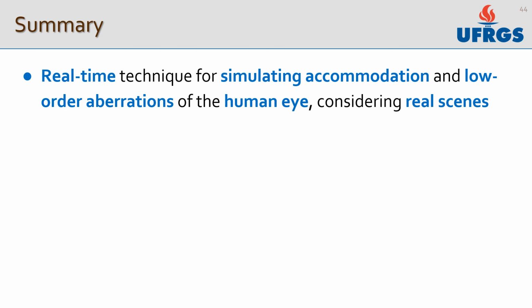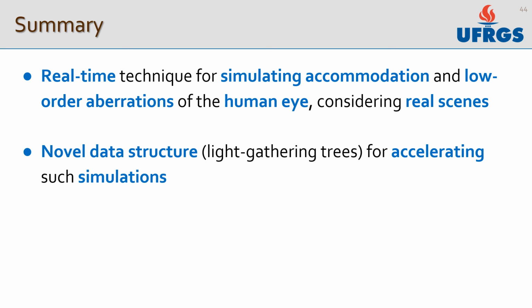In summary, I presented a real-time technique that can be used to simulate accommodation and low-order aberrations of the human eye, considering real scenes as opposed to synthetic ones. I also presented a novel data structure, a light gathering tree, to accelerate such simulations.